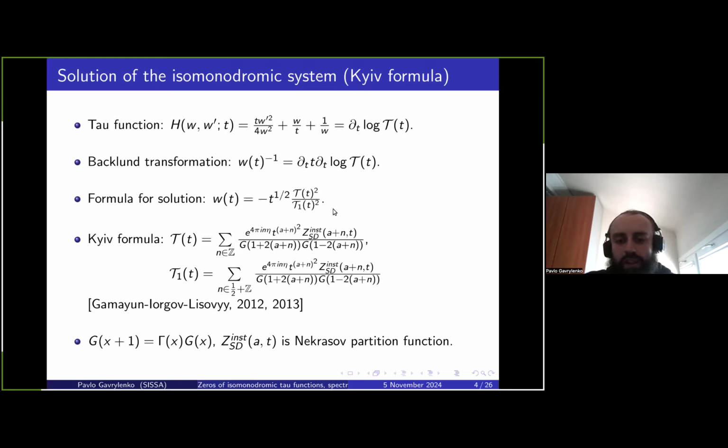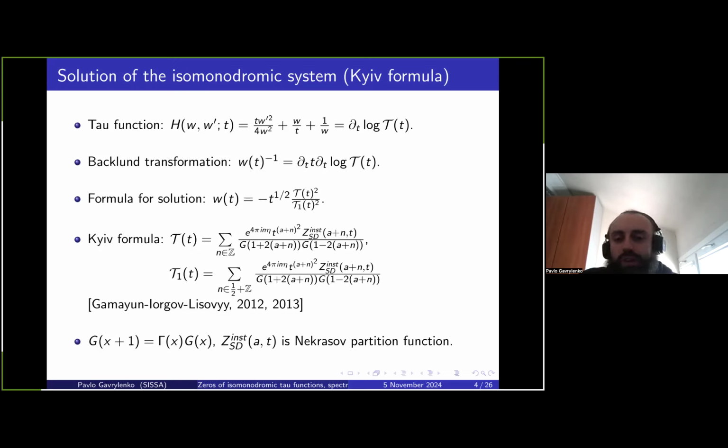And another property is that such objects like W, which are called Painlevé transcendents, and objects that appear, for example, in the linear system, can be expressed either as some logarithmic derivatives of tau or as ratios of some Backlund transformed tau functions. And Backlund transformation means that we consider these tau functions with different initial conditions. Well, if the system has some extra parameter, they can also be changed.